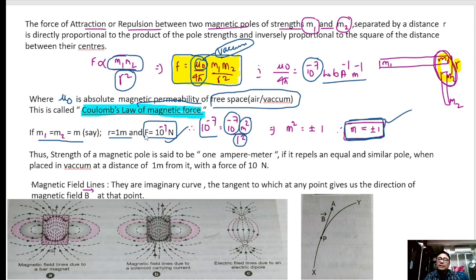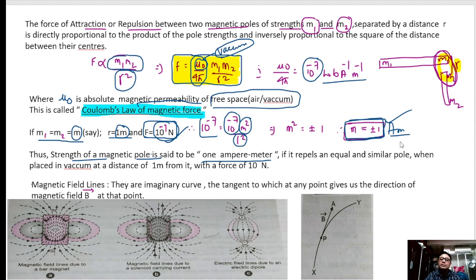So when can we say that? If the poles are equal, say m, the distance between them is 1 meter, and the force is 10 to the power minus 7 Newton, then putting it in the force formula, the value of m is plus or minus 1. Thus, the strength of a magnetic pole is said to be 1 ampere meter.